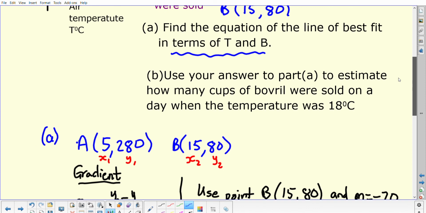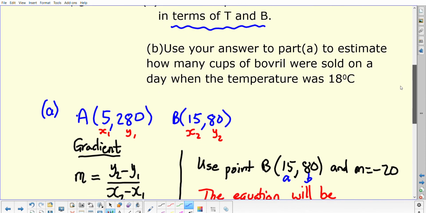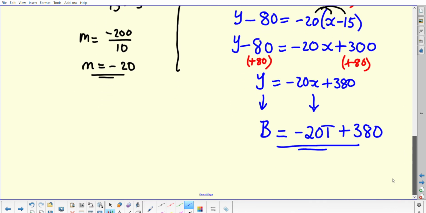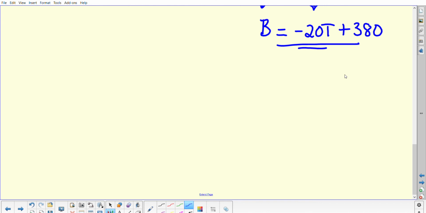That's how we link the temperature with how many Bovrils. So part B now is expecting you to use your answer to estimate how many cups would be sold when the temperature was 18. So the temperature, remember, is the T value. So in part B, you're going to be subbing in T equals 18 into that equation.